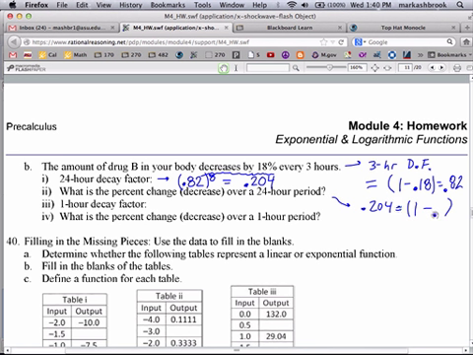Is it 0.796? So, if 0.204 can be rewritten as 1 minus 0.796, that gives us our percent decrease. 79.6% decrease every 24 hours.